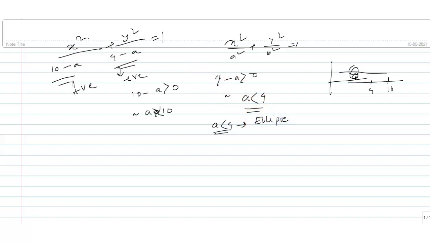Let us take another question, which may give you a better idea. You will have to solve many more questions, I know. Suppose this is the equation of the ellipse, and the major axis is the y axis.